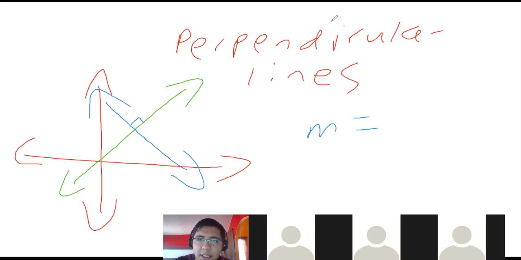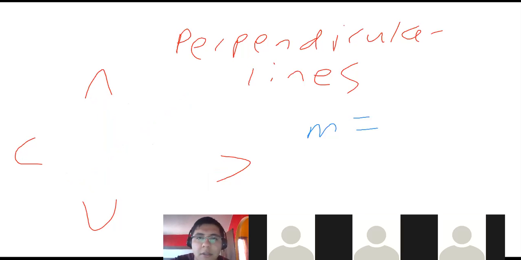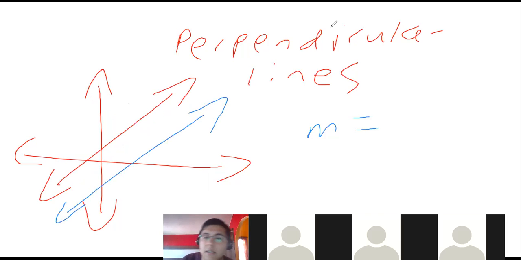The slopes had to be the same to be parallel. So if we think about yesterday, parallel lines have to have the same slope. So they had to look like this: we had a line going like this, and we had a line going like this.